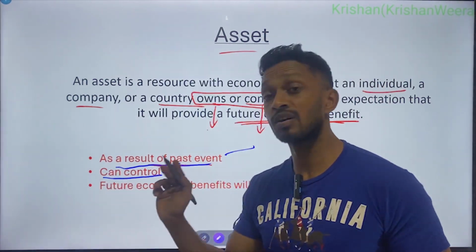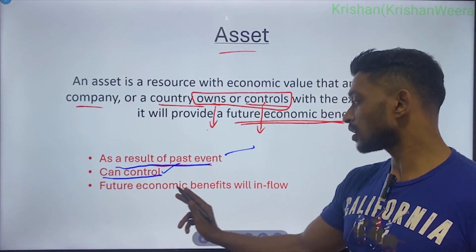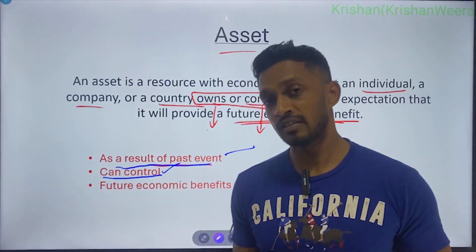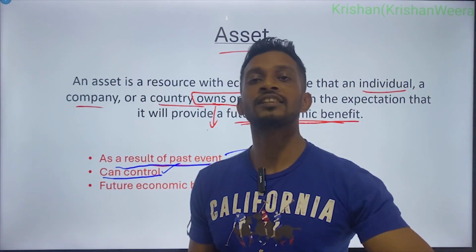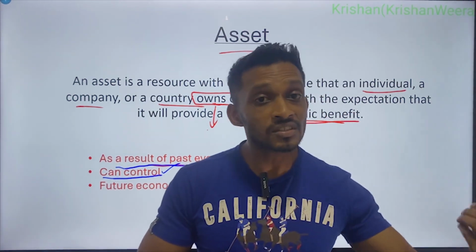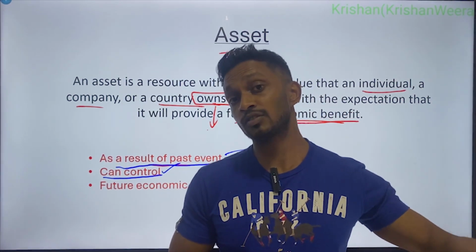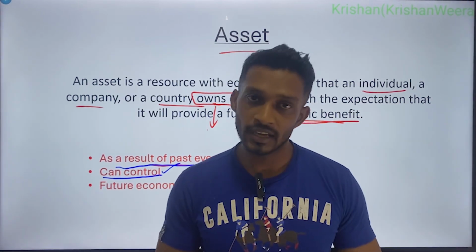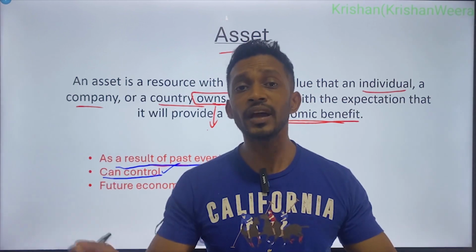This is the last one, the most important one: future economic benefits will inflow. What are future economic benefits? They are not only cash inflows. Sometimes you can streamline a process through the asset, or get other benefits through it. Likewise, you can get a lot of benefits.